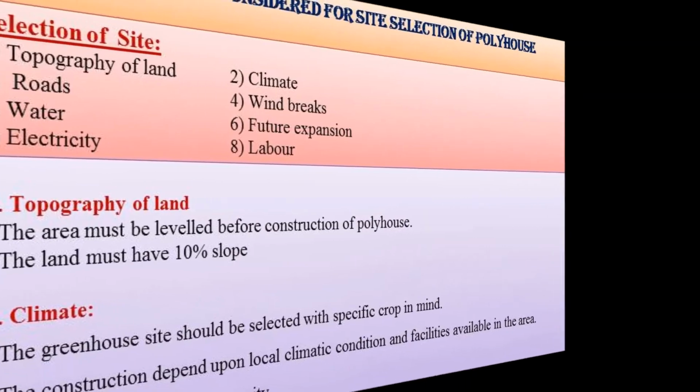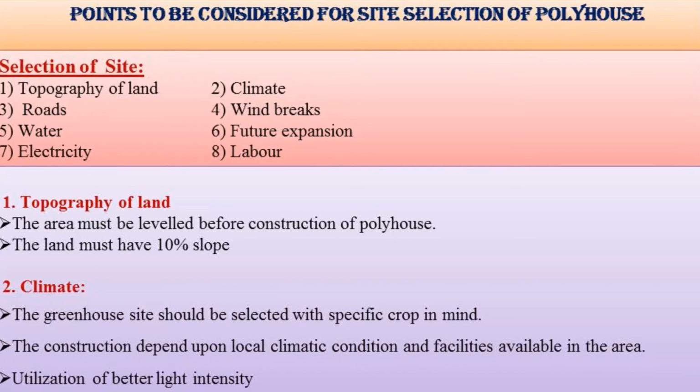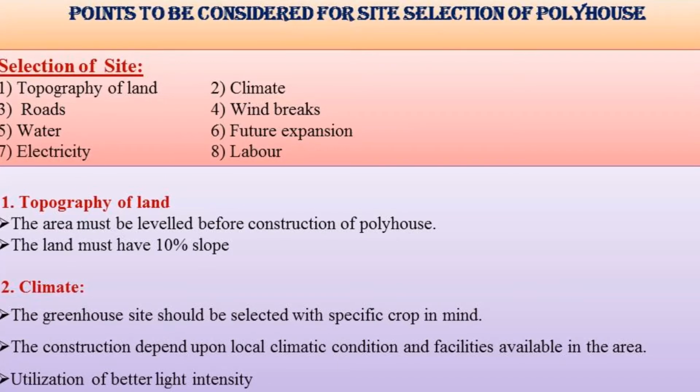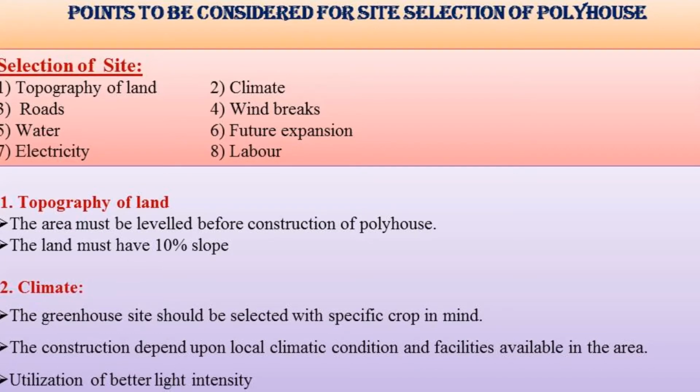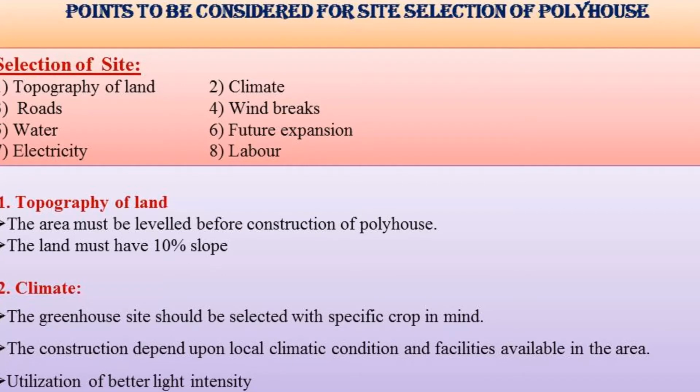Before planning, layout and erection of polyhouse, some things should be taken into consideration: selection of site, orientation of polyhouse, components of polyhouse and cladding materials of polyhouse. First we will discuss selection of site.